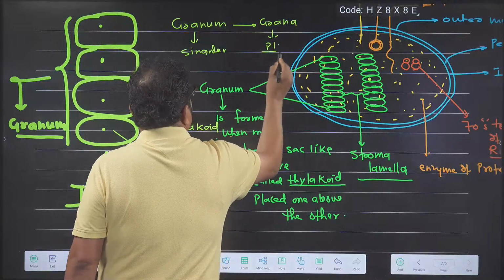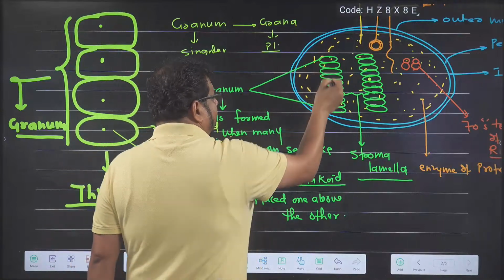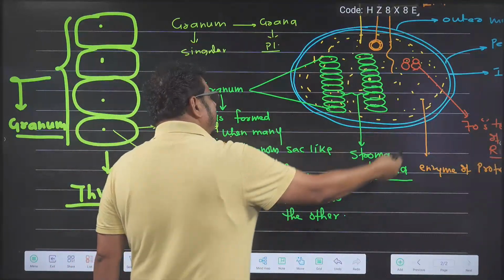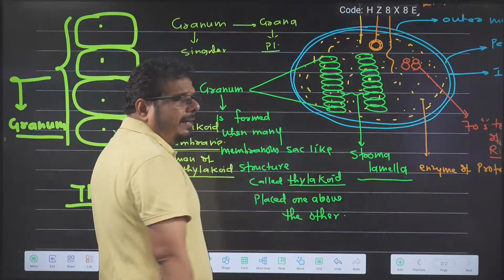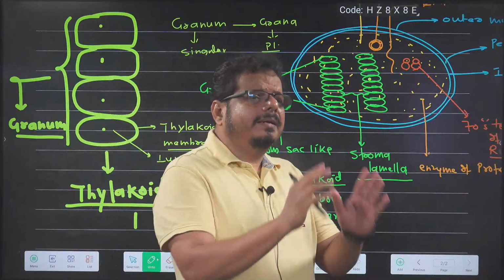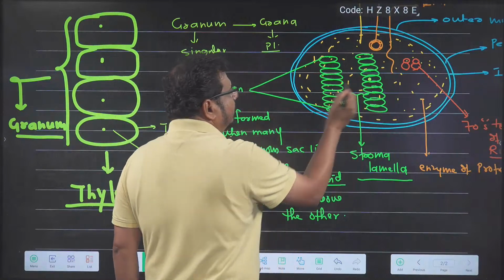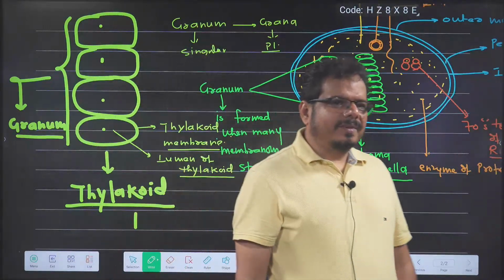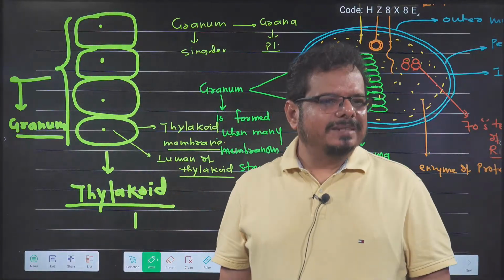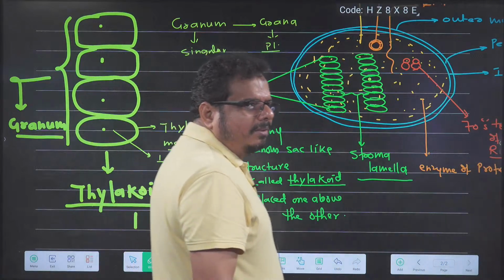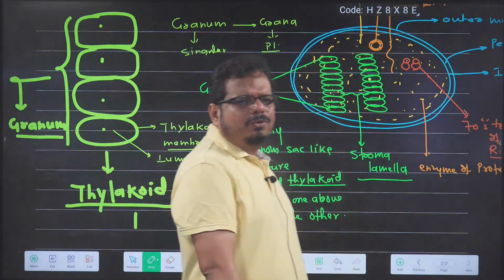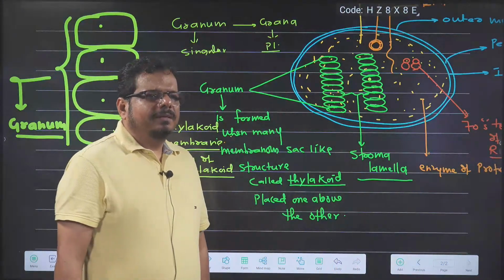So it is one granum, it is another granum. Inside the chloroplast, many granum are there, that is the reason we say grana. More than one granum is called grana. Is it clear? So granum is singular, grana is plural. Don't get confused.